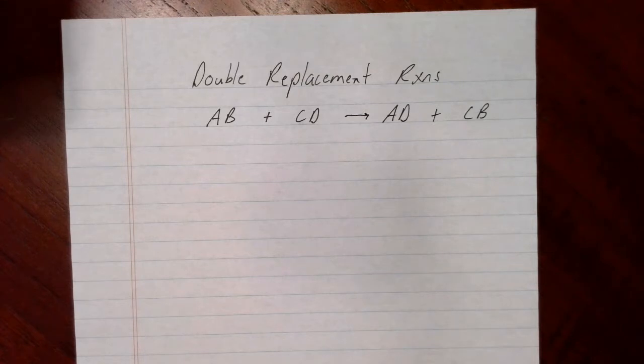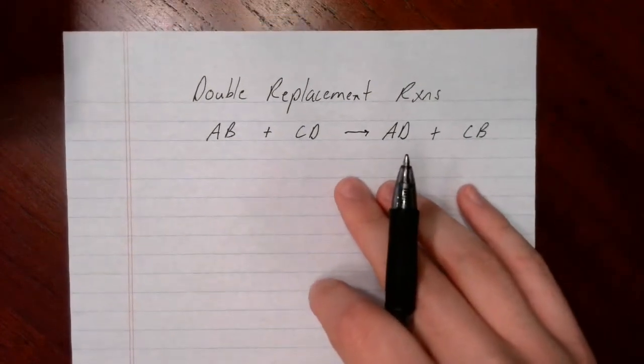But for double replacement reactions, I always have to use phase symbols, okay? And it'll be up to you to determine what the phase of each of the reactants and products actually are. So we're going to spend some time discussing how to do that here.